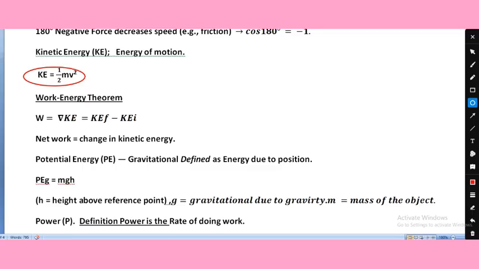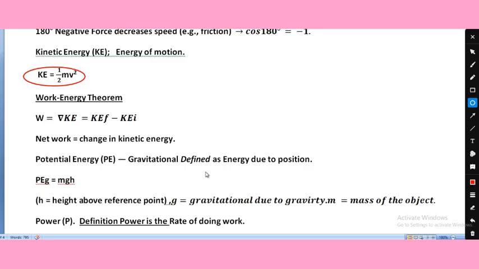Under this, we discuss the work-energy theorem. According to the work-energy theorem, net work is equal to the change in kinetic energy, meaning delta KE equals final kinetic energy minus initial kinetic energy.